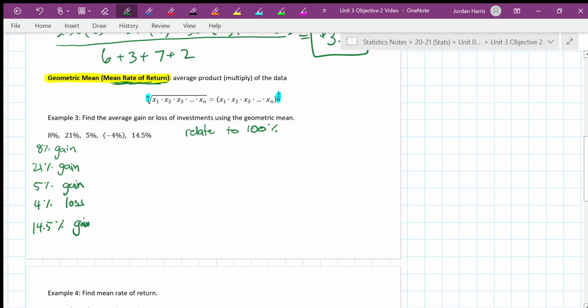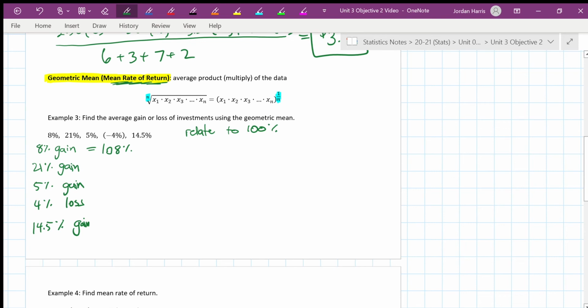So if I gained 8%, that means I have 108% of my original value. I went up by 8%. 100% represents no change, right? If I had $5 and I kept 100% of that in my investment, I still have $5. So 100% represents no change.